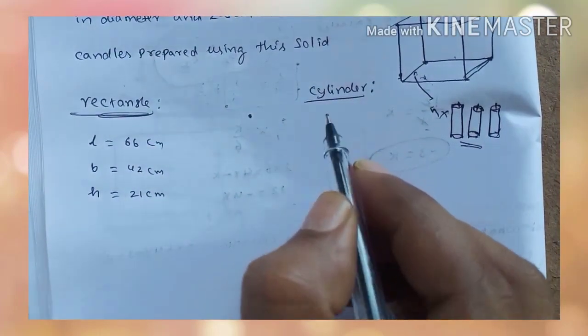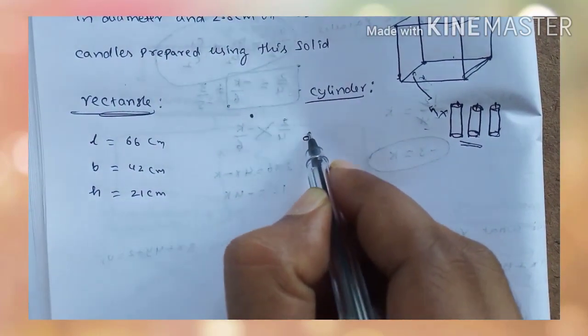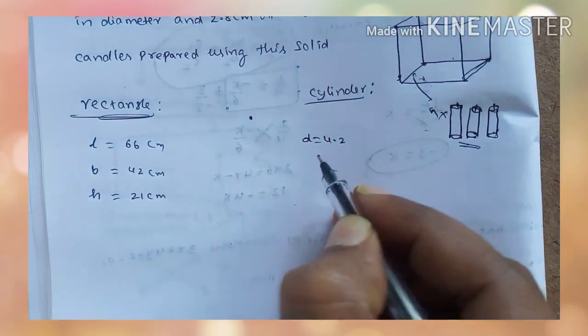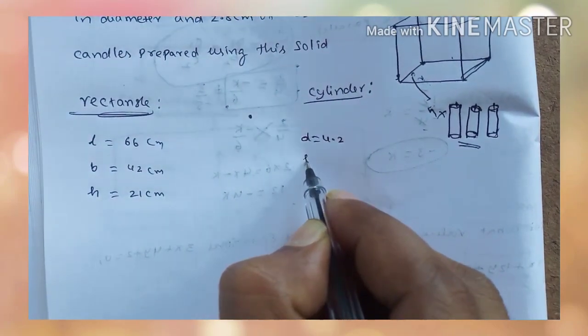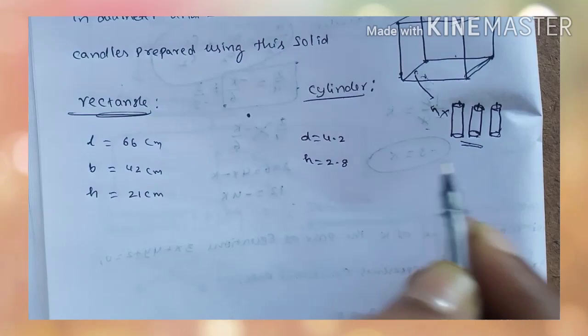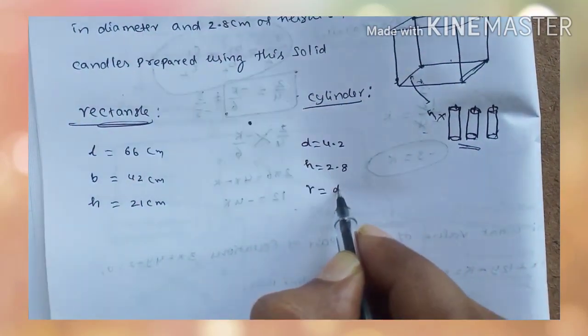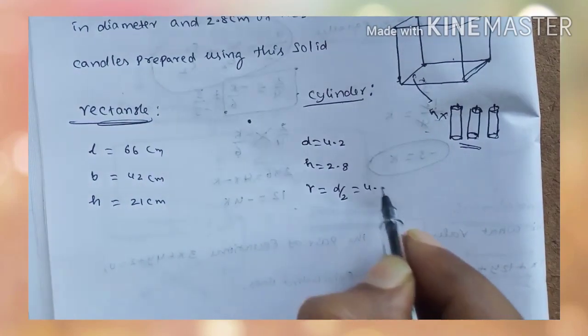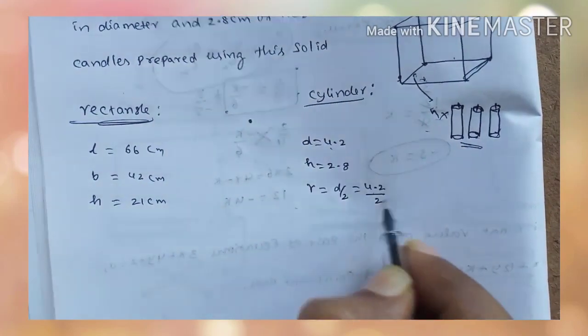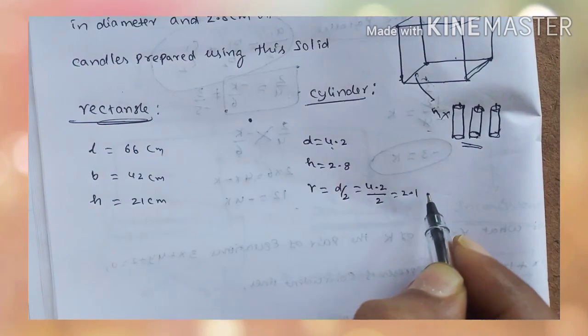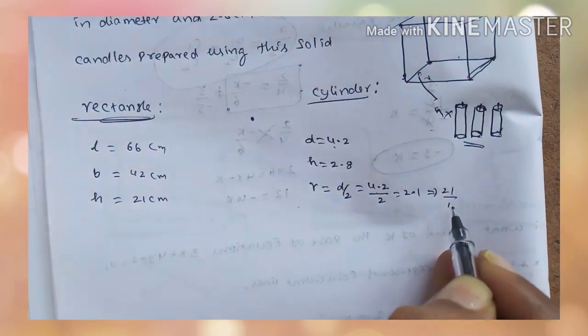In the cylinder, they gave diameter d is equal to 4.2 centimeters and height is equal to 2.8 centimeters. From the diameter we form the radius, which is diameter by 2. So 4.2 by 2 is equal to 2.1, which can be written as 21 by 10.